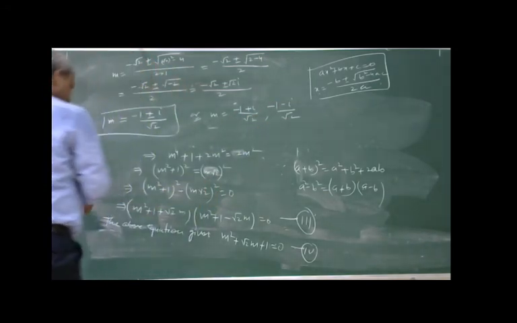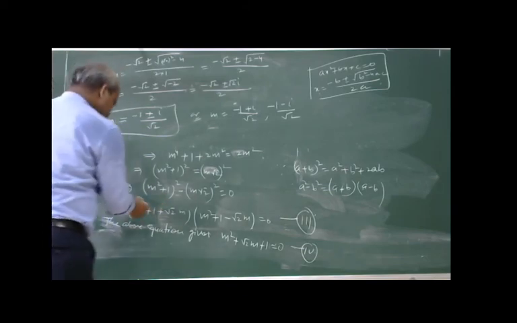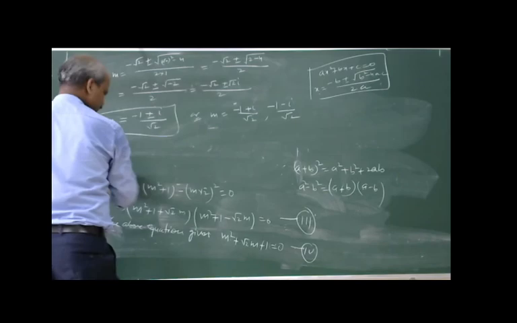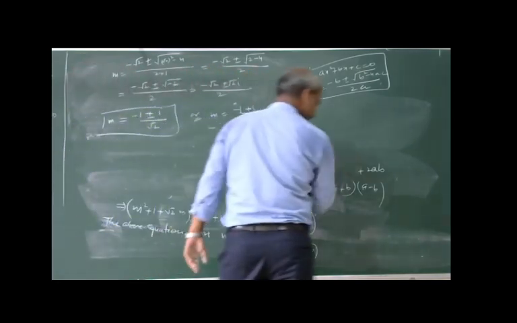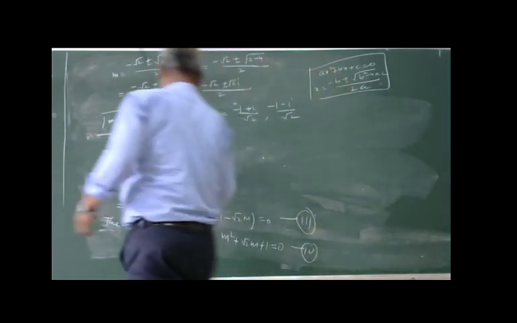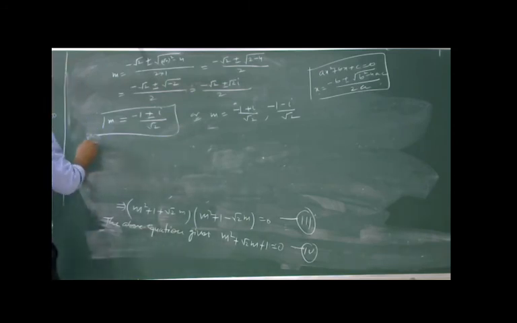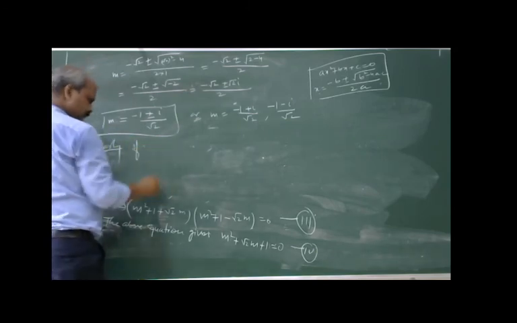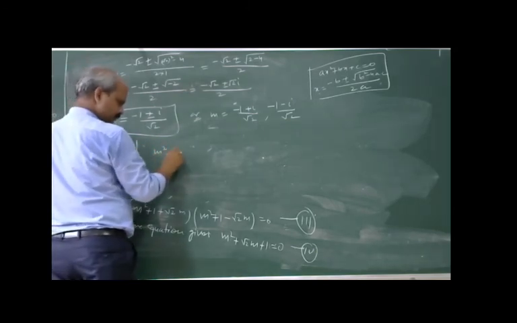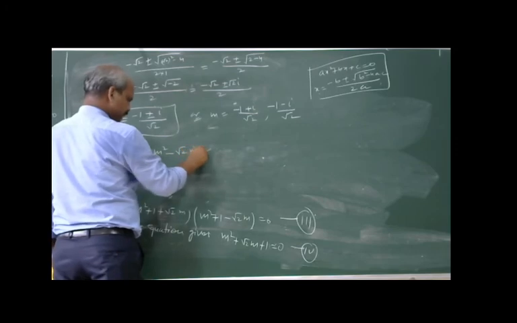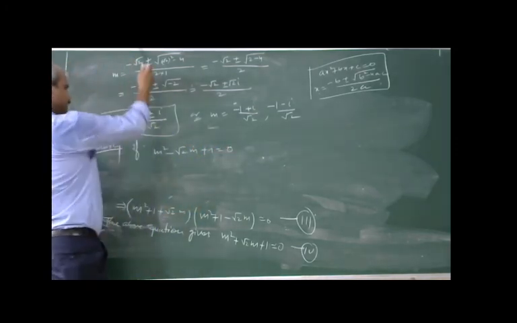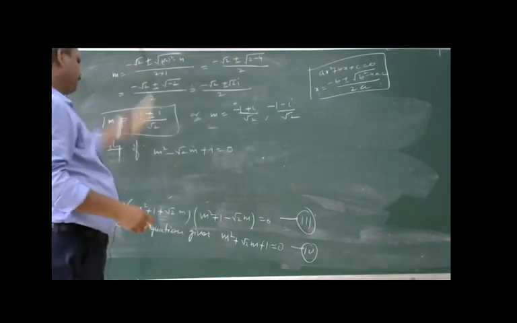So by using another set of product, similarly, if m² − √2 m + 1 = 0, this again can be done by using these steps.